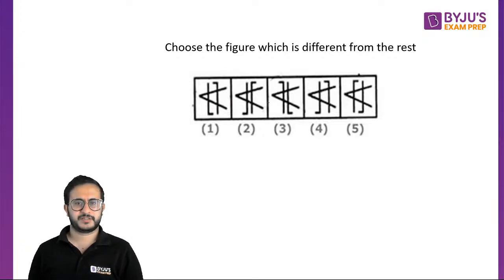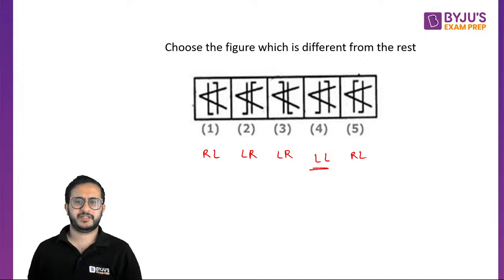So if you look at this, this arrow shape, or you can say V shape, is constant, so you don't have to look at this. Let us look at these horizontal lines. The first one is towards left, the second is towards the right, this is towards right, this is towards left, this is towards right, the second one is towards left, this is towards left, this is towards right, left, and this is right, this is left, and this is left, and this is right, this is left.